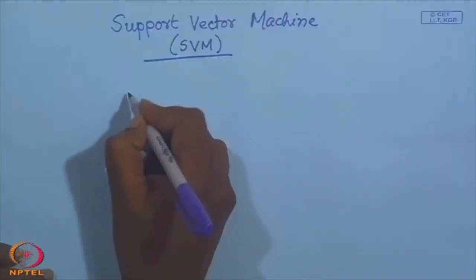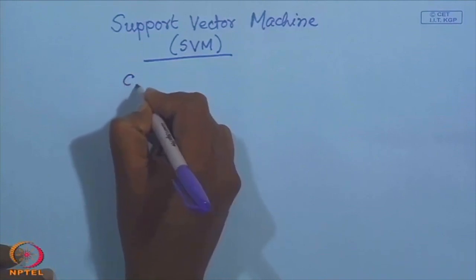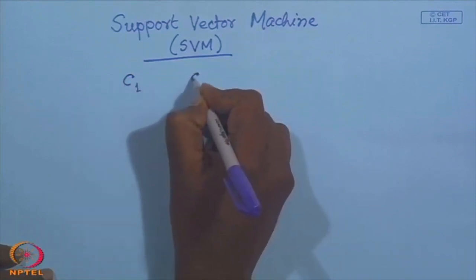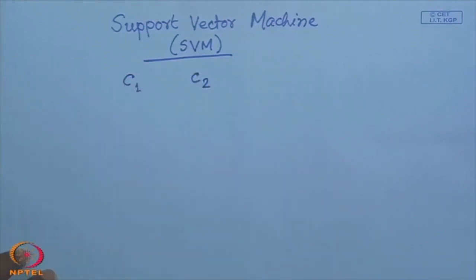For simplicity, let us consider a two class problem. We have two classes, class C1 and class C2.